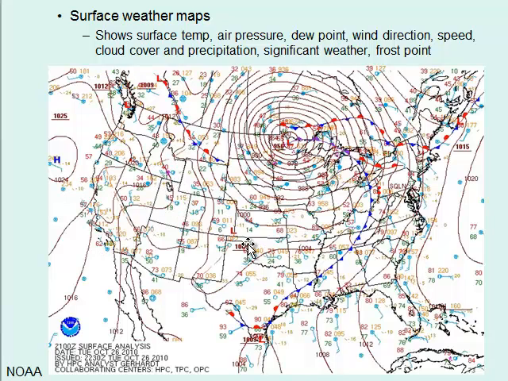And then using all that data, the pressure, and also maybe satellite imagery to tell you where the cloud cover is, temperature fluctuations over time, they can figure out where these weather fronts are located, what type they are, where the low pressure areas are, where the high pressure areas are. So all sorts of great information can be gained from these surface weather maps. So tons of info shown.